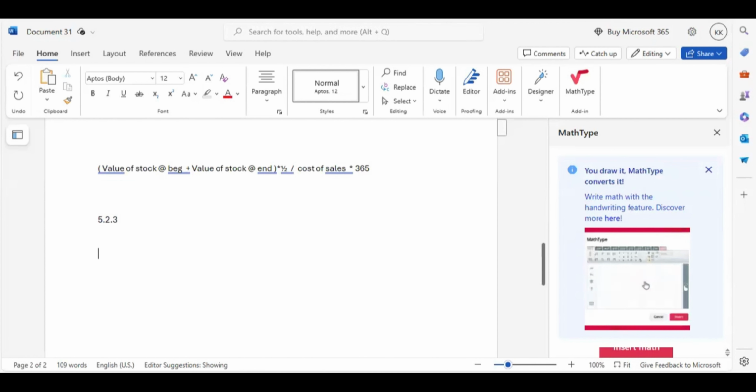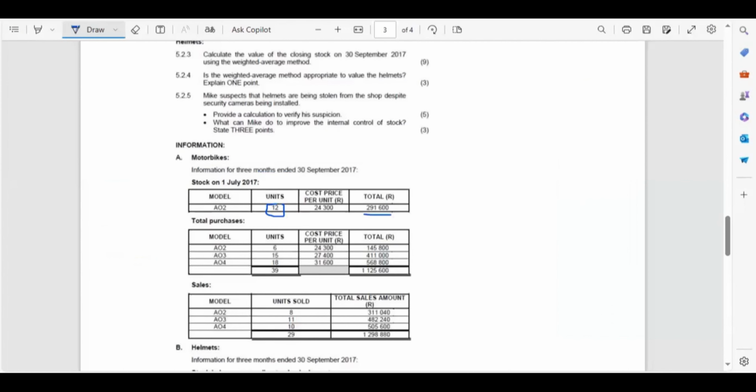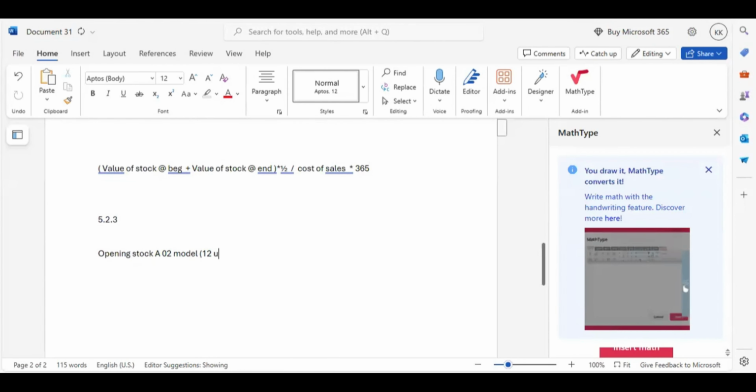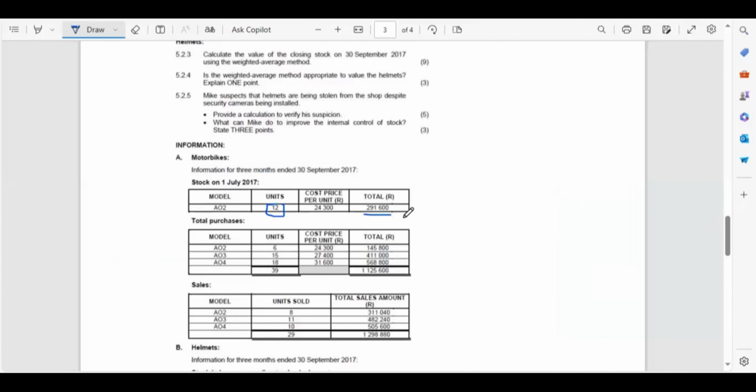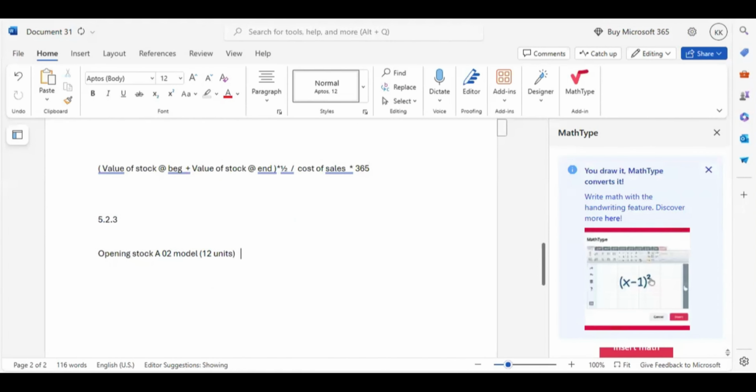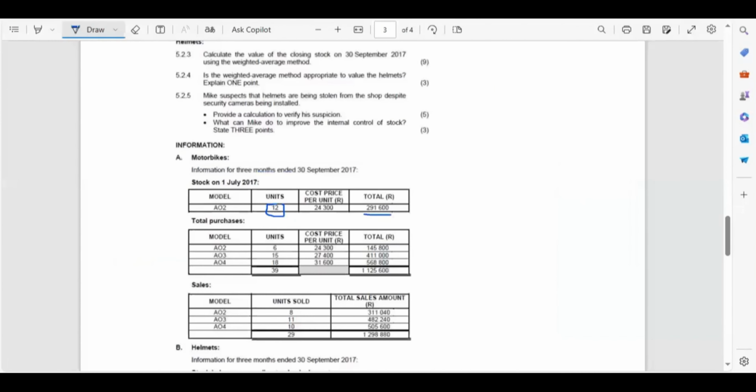Now, my opening stock, which was the A02 model, consisted of how many units? It consisted of 12 units, which cost 291,600. Now, how many models did I purchase with regards to the A02?